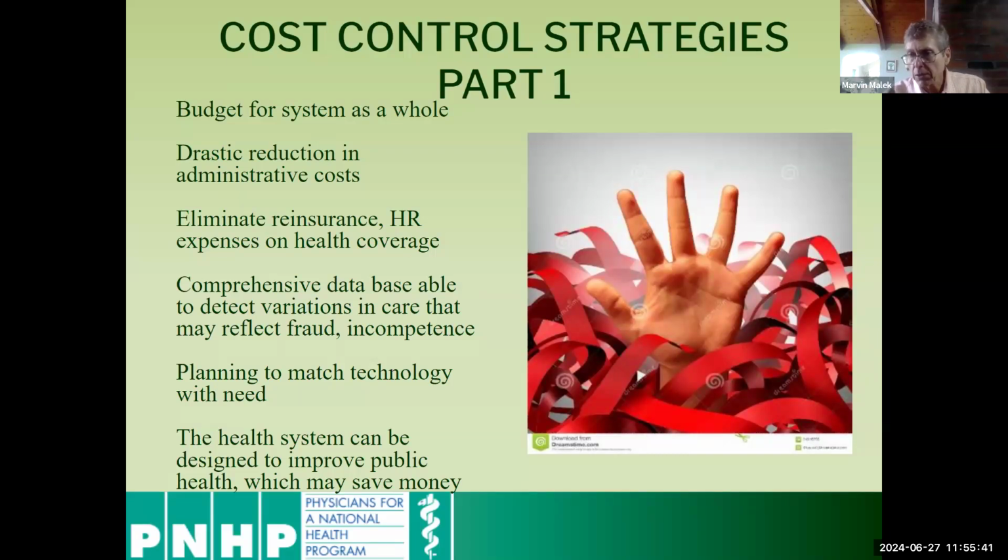So by not having a comprehensive healthcare plan, Canada adds on some administrative costs. A country like England, where there's a comprehensive system, doesn't have to do that.